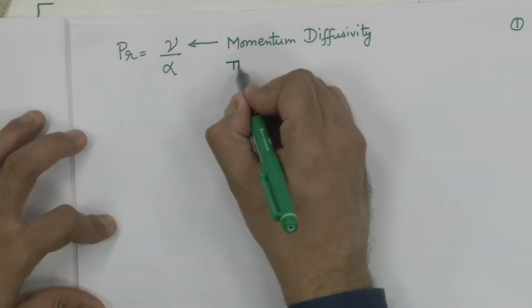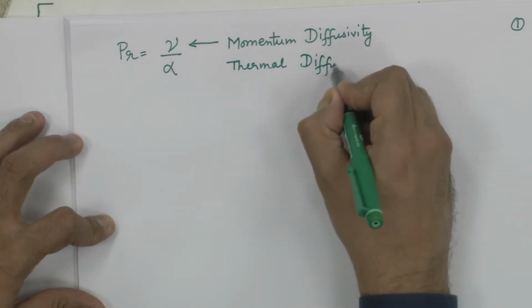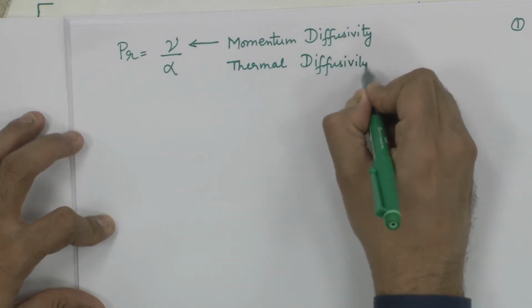Similarly, because of viscosity, momentum is transported from one part of the fluid to another part of the flow field. This versus thermal diffusivity, which is the alpha term. This quantity is so significant.